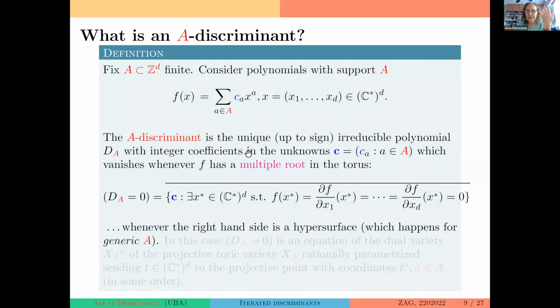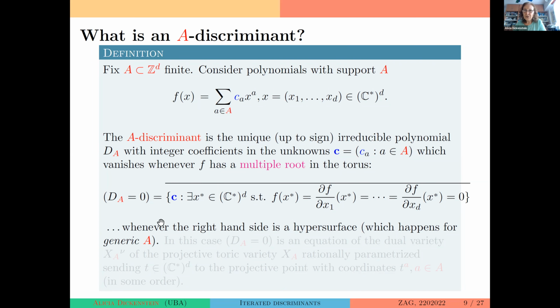I'm looking at them in a geometric way, but for number theorists, these numbers matter a lot. It's a polynomial with integer coefficients in the unknowns, which are the coefficients, which vanishes whenever f has a multiple root in the torus, because as we are getting integer exponents, we can only, in principle, evaluate this at a point with non-zero coordinates.